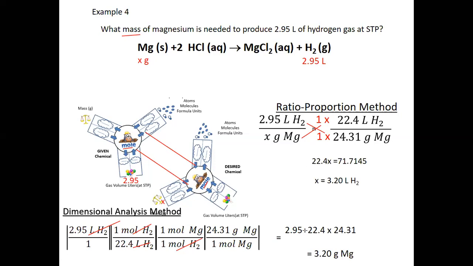So I've provided here a number of examples of the different styles of thinking about what we call stoichiometry. Two strategies, one called dimensional analysis, one called ratio proportion. Feel free to choose a strategy that works for you. However, I feel like these are really good organized strategies.